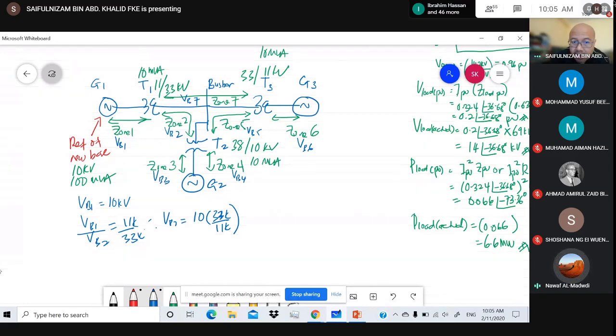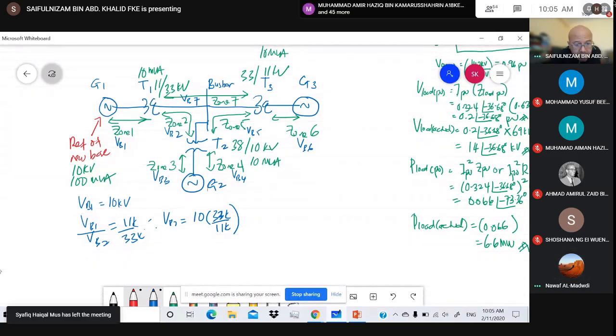You cannot combine it with VB2 because VB2 is from the HV side of the T1 to the HV side of the T2. Okay, sorry, VB1 to VB7. Can we calculate them together or not? Oh, you want to find the VB7? Same as well. You use the ratio.